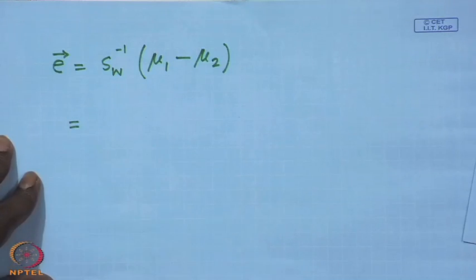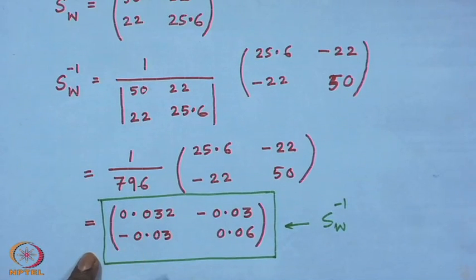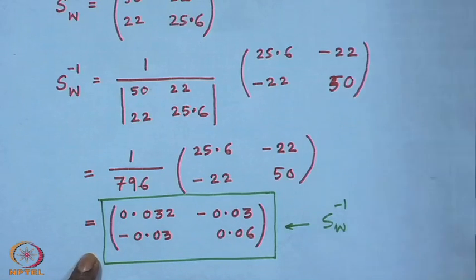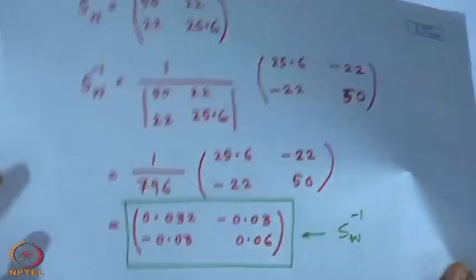Where SW inverse, you remember from the previous sheet, is 0.032, minus 0.03, minus 0.03, 0.06. Of course, we are not considering the higher decimal places.